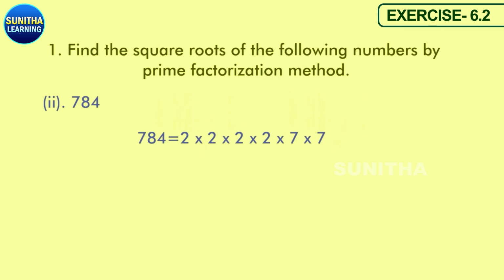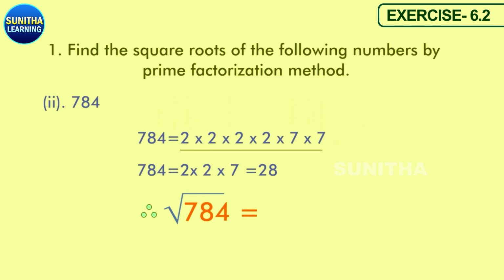From the four 2s, you can take two 2s as square root, and from two 7s you can take one 7. So the final answer is 2 into 2 into 7. 2 2s are 4, 4 7s are 28. 28 is the square root of 784.